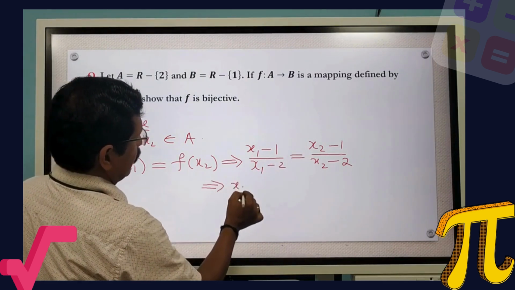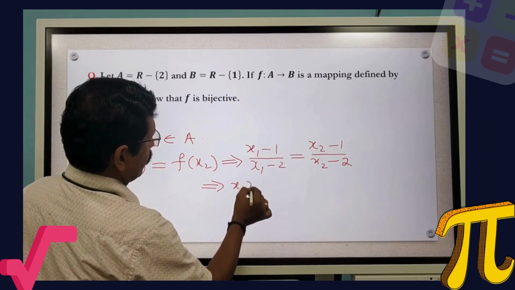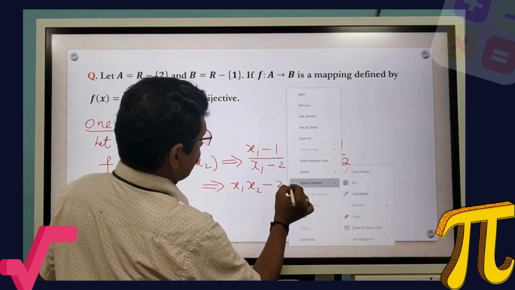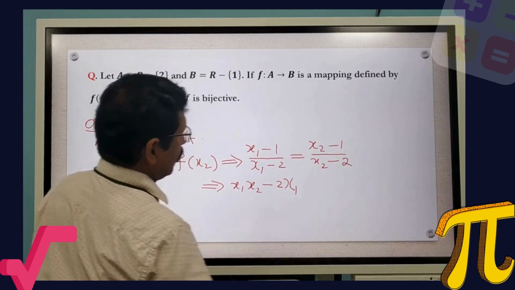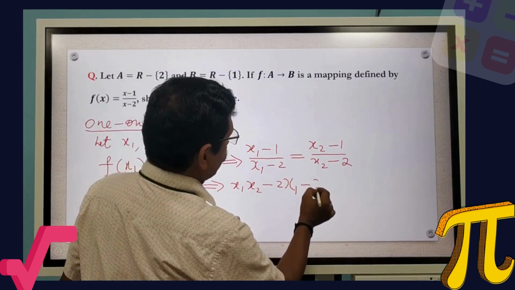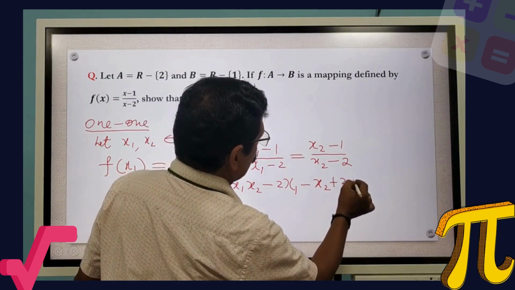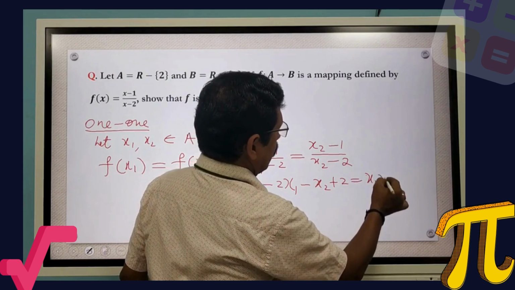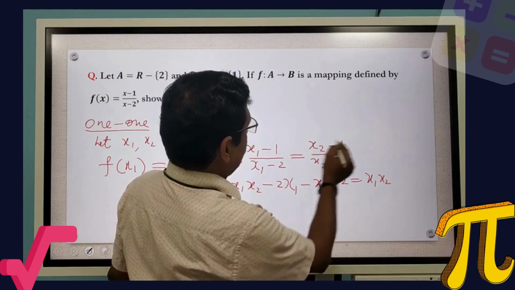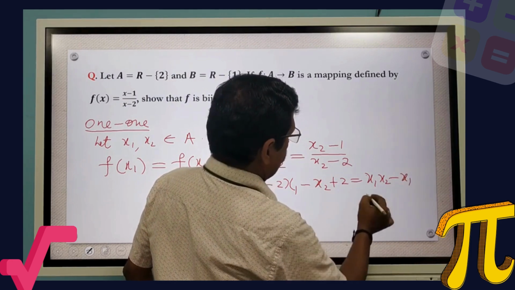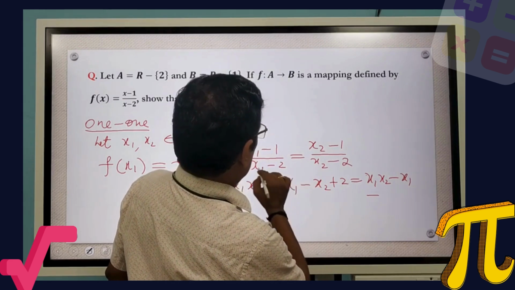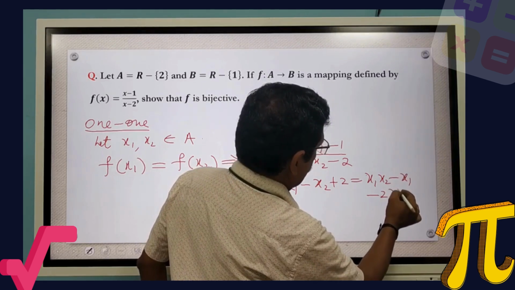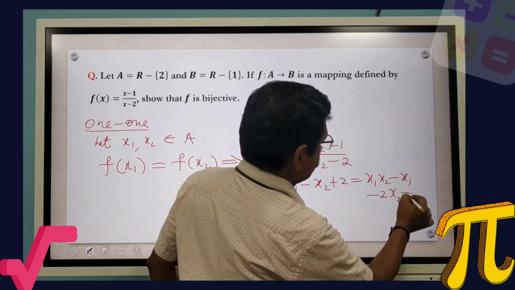You will get x1x2 - 2x1 - x2 + 2 will be equal to, cross multiplying, x1x2 - x1 - 2x2 + 2.